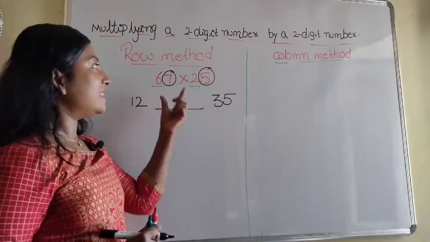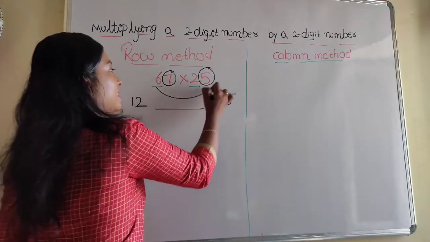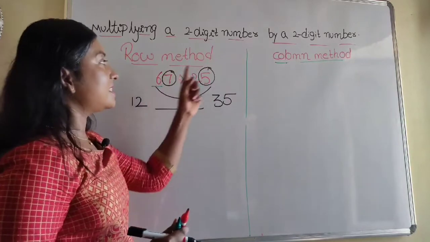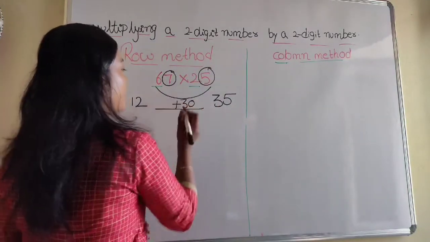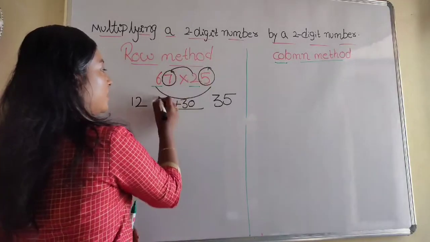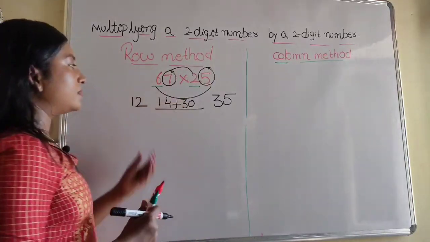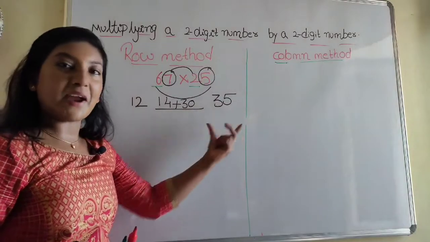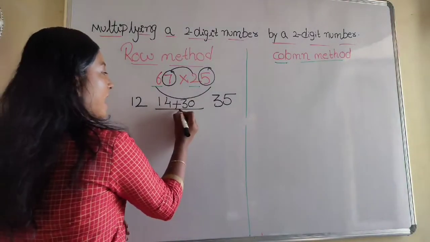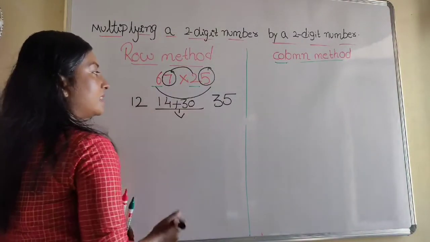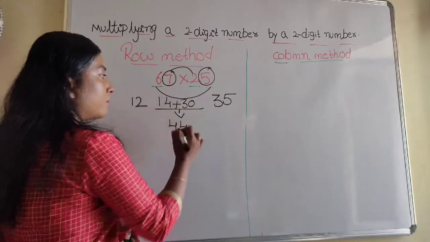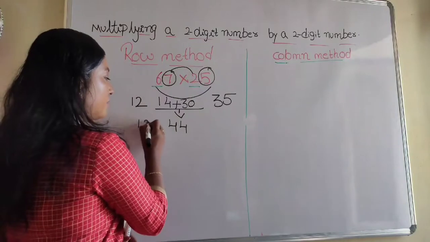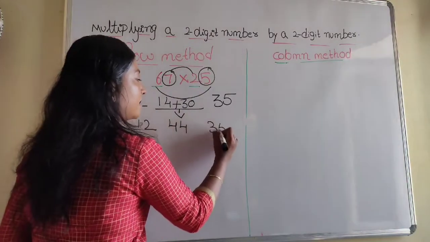Now let us see these digits. We have to multiply. 6 into 5 gives 30, and the next one 7 into 2, which gives 14. If we observe here, we all got carryovers. So add this first. 14 plus 30, which gives 44. Here we have 12 and get this 35 down.